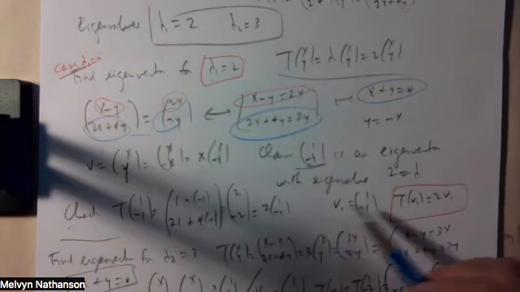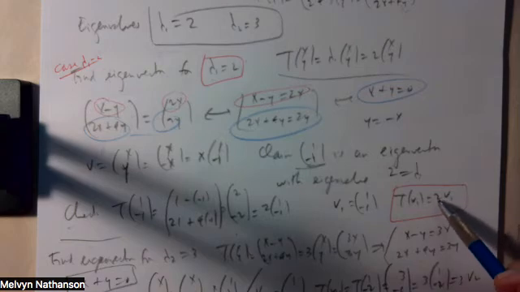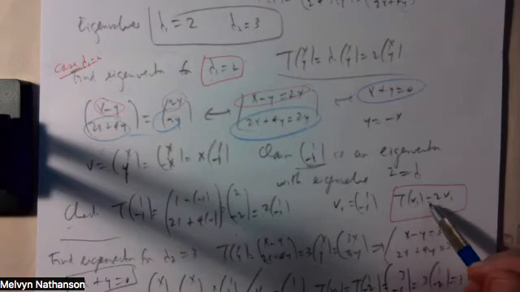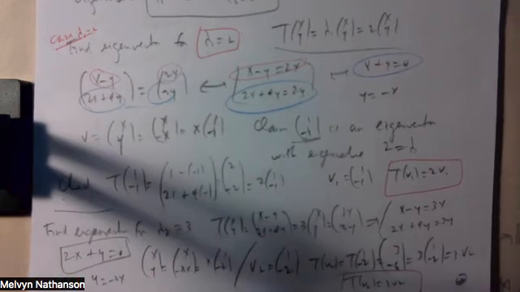And v1 is not the 0 vector. So that means that 2 is an eigenvalue, and the eigenvector for 2 is this vector v1 or any scalar multiple of it. That's where it all comes from.